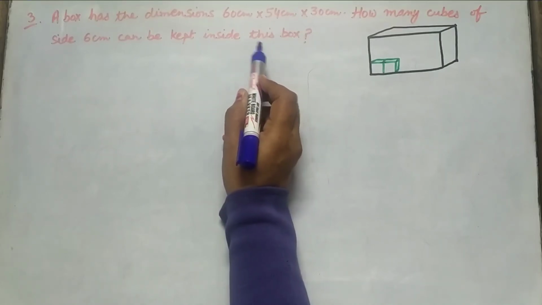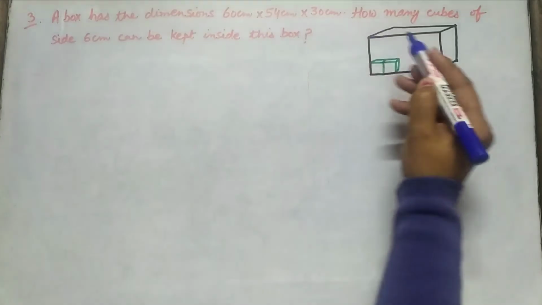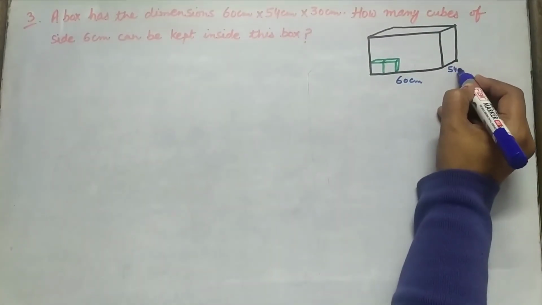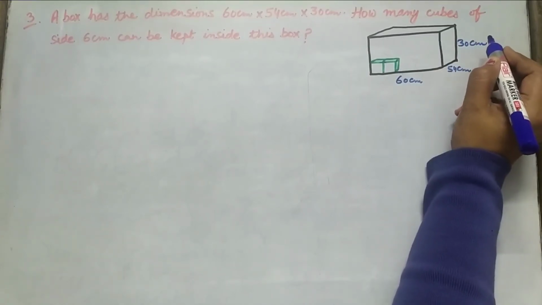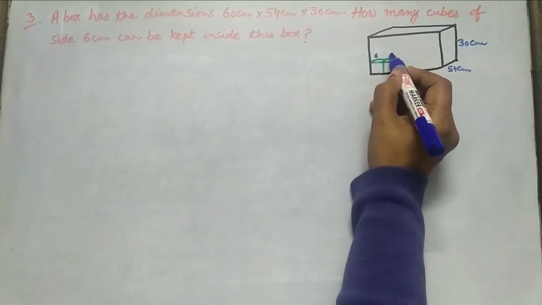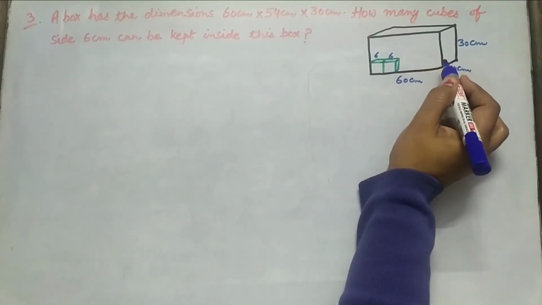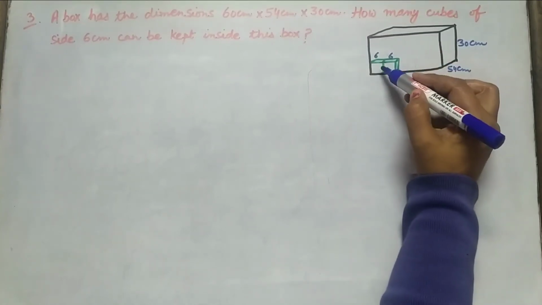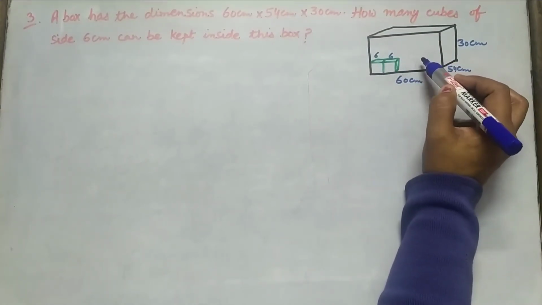Here the shape of the box is a cuboid and its dimensions are 60 cm length, 54 cm breadth and 30 cm is its height, and the side of the cube is 6 cm. We are keeping these cubes inside this big cuboidal box. We have to find how many total cubes can be kept inside this big box.